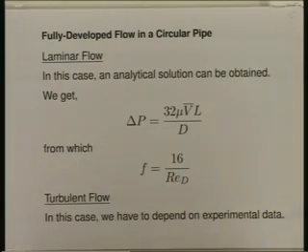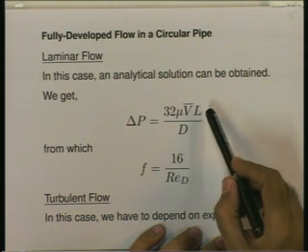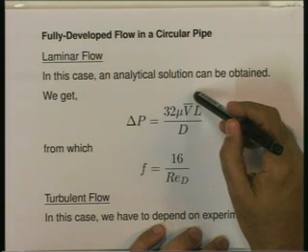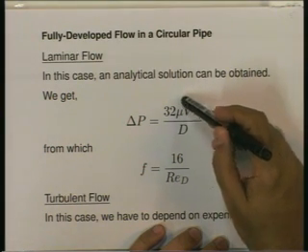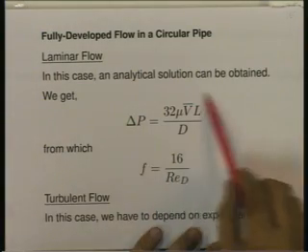This is one of those rare situations where an analytical solution of the Navier-Stokes equations can be obtained. The analytical solution indicates that the pressure drop over a length L is related to the length L, the diameter D, the mean velocity V bar and the dynamic viscosity mu by this simple equation.